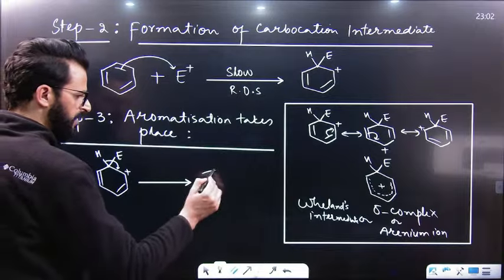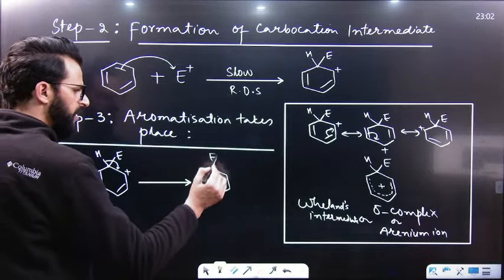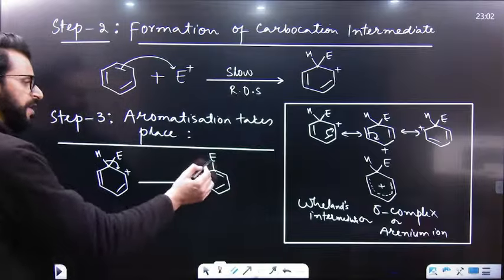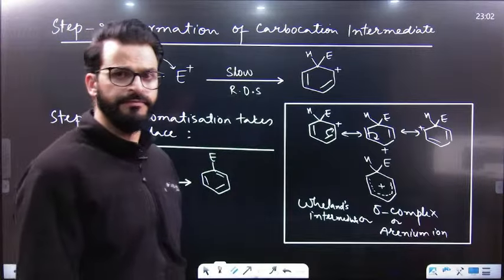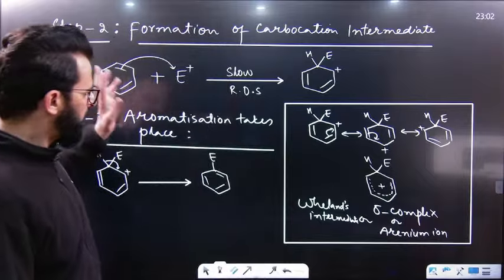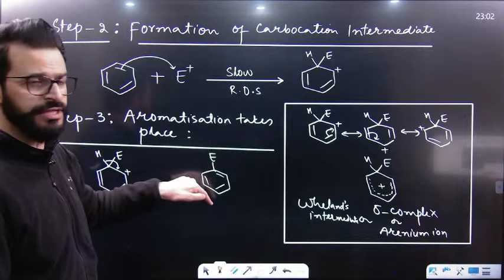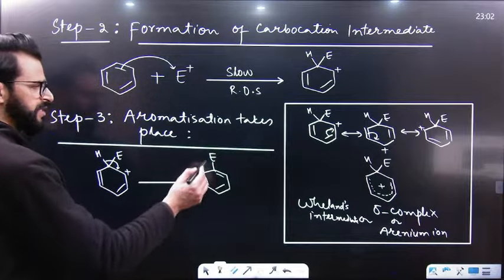So what has happened over here? Hydrogen has been replaced by an electrophile. Now if this electrophile is the halonium ion, then introduction of halogen is known as halogenation. If the electrophile was NO2 positive, NO2 will be introduced in the ring, hence this is nitration.